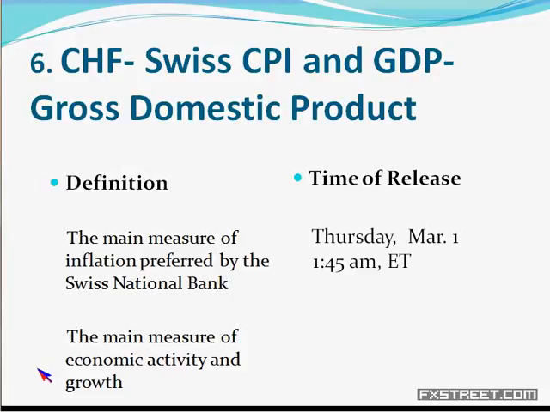The Swiss gross domestic product report, on top of that, is expected to show the Swiss economy contracting in the fourth quarter of 2011 by 0.1% quarter-over-quarter, compared with 0.2% growth in the third quarter. This is going to impact the year-over-year growth in Switzerland, from 1.3% year-over-year to about 1.1 or even 1% year-over-year.